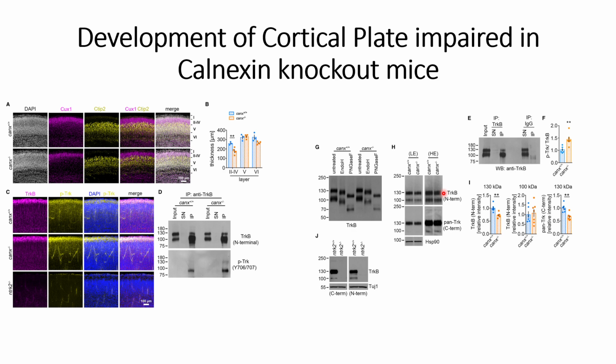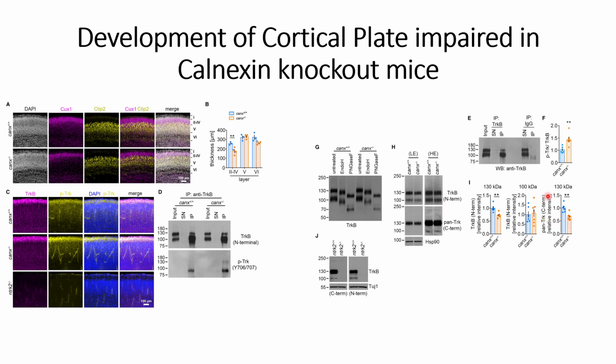So this indicates that the cell surface TRKB has been reduced in the case of this calnexin knockout. The cell surface TRKB of the N terminal is reduced in the calnexin knockout. However, there is not much impact on the phosphorylated N terminal TRKB.